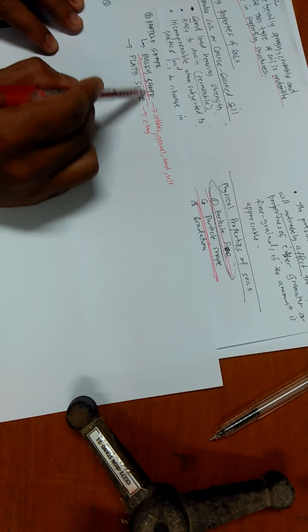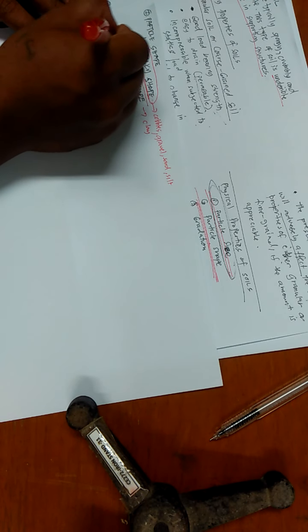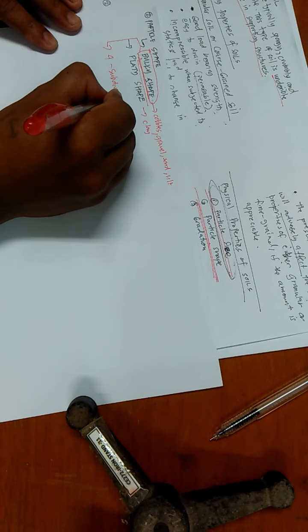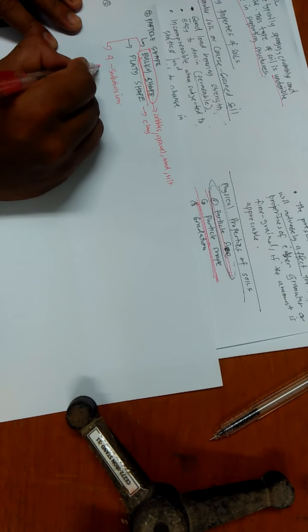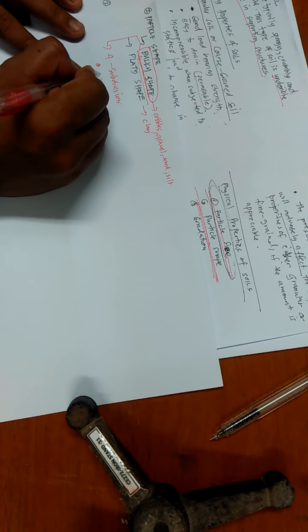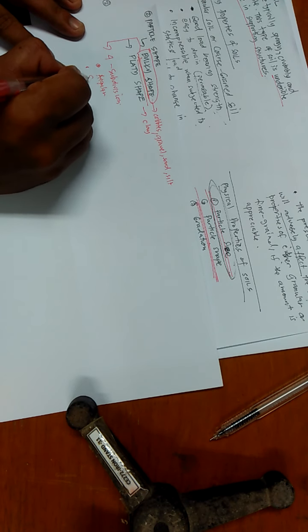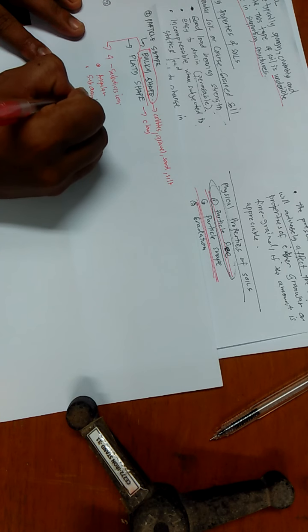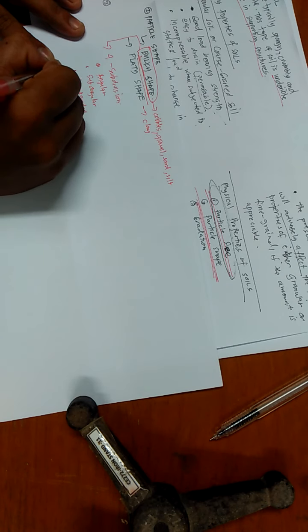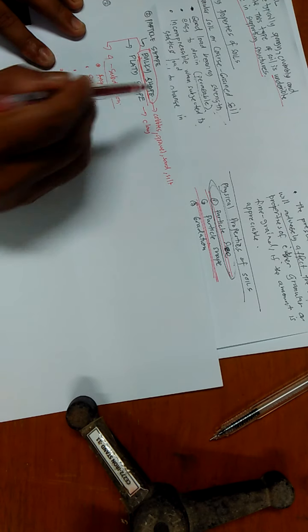Ang apat na category sa bulky shape: number 1, your cobble, gravel, sand, silt, or your bulky soils are angular. Number 2, subangular. And number 3, sub-rounded. And then number 4, rounded. Okay. So, ito yung apat na division ng bulky shape natin.